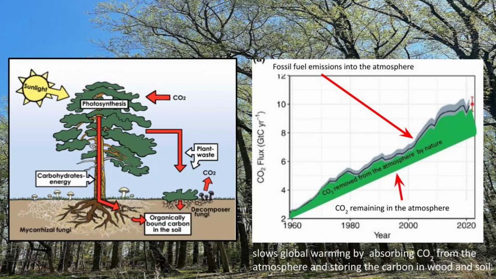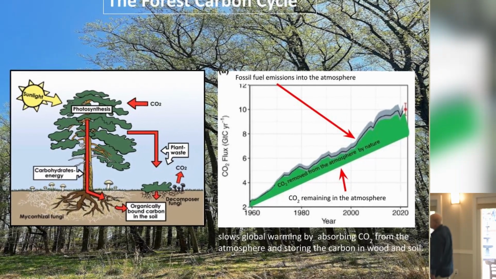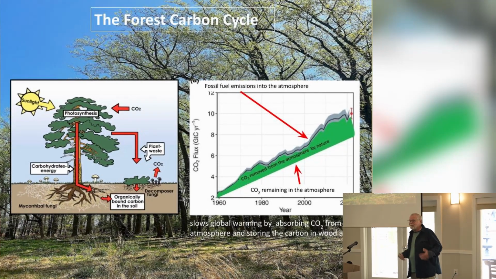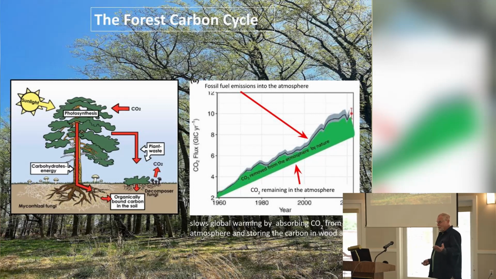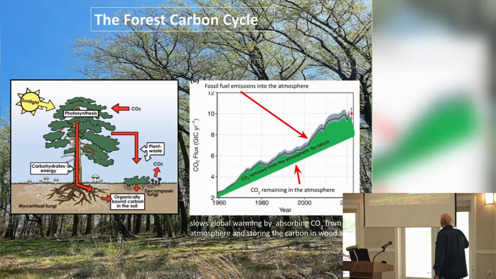We're adding to the atmosphere, and this is causing the atmosphere to go up. And you see little bumps. This right here, that's COVID-19, when the economy of the world collapsed for a year, and we burned a lot less fossil fuels, so the emissions went down. This is an emissions graph.